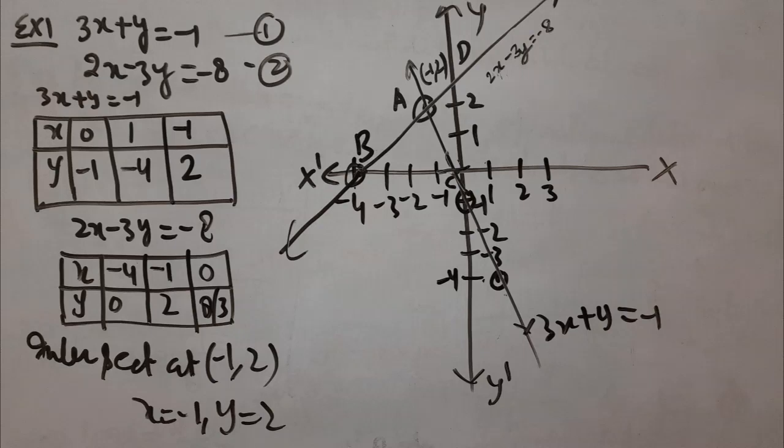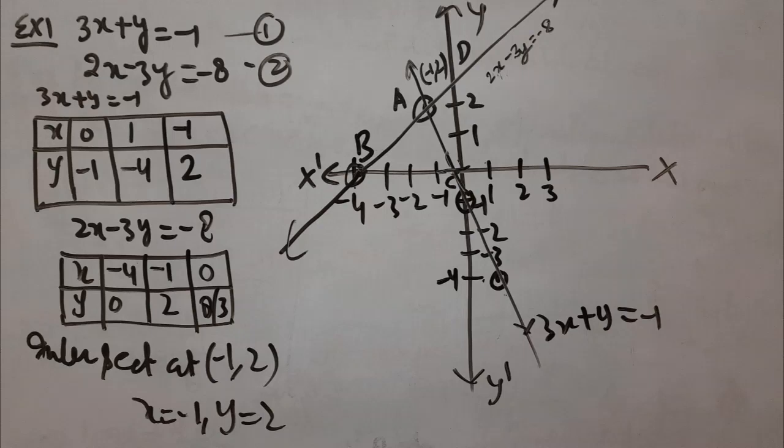Then the next equation, 2x minus 3y equals minus 8. If the value of y is 0, then x is equal to minus 4. If the value of x is minus 1, y is equal to 2. In both the solutions, minus 1 comma 2 is a common value. So the lines will intersect at the point minus 1 comma 2.